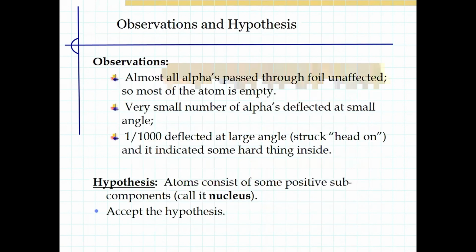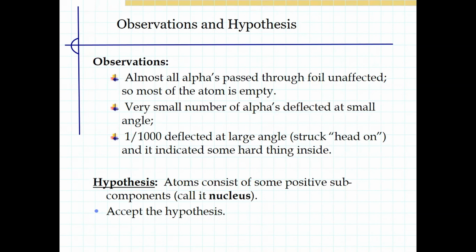The observation was very clear. Most of the alpha particles are passing through, and very few alpha particles are getting deflected at small angles, and they are really important. And a very small number are deflected at a very large angle, which is something like coming back.